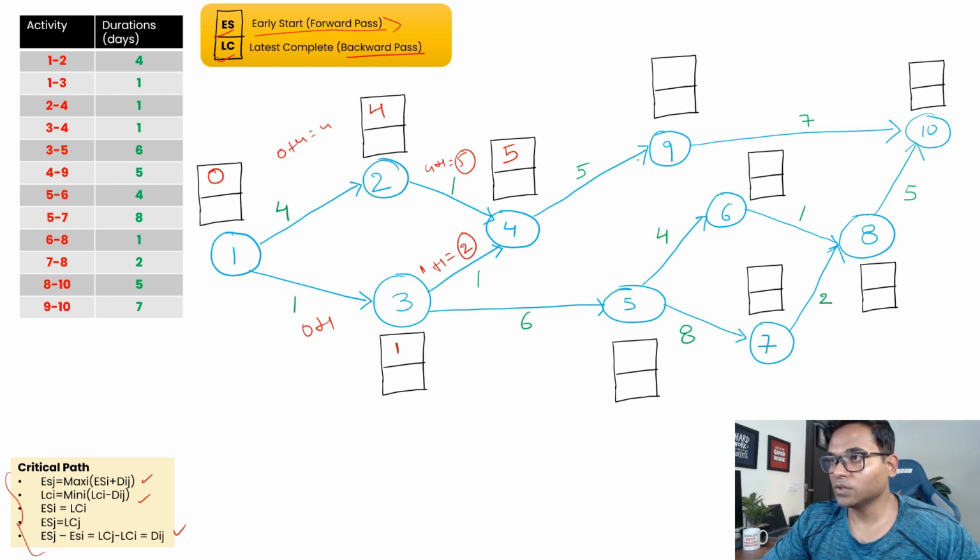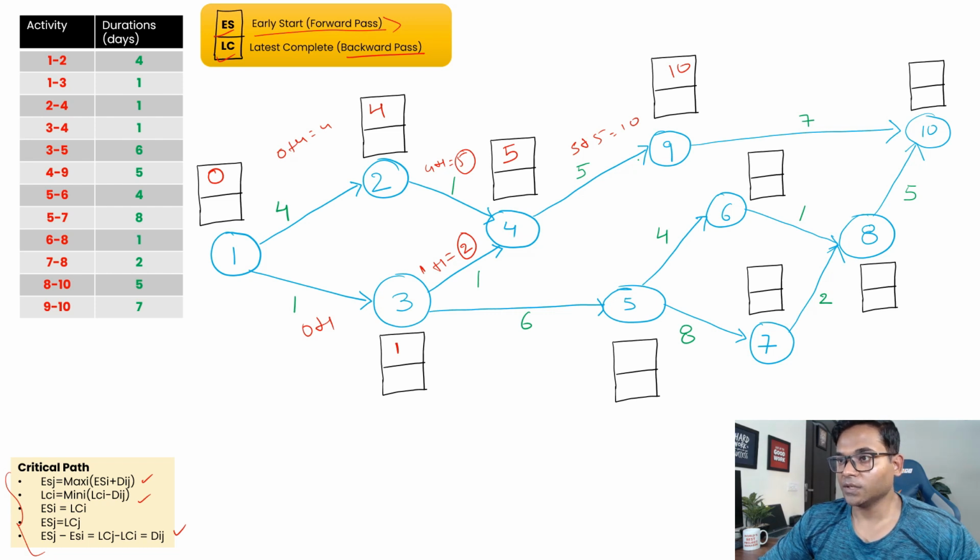Now coming to node 9, remember we have already calculated the 5, and now if we try to calculate the early start plus duration, 5 plus 5 is the duration, which is 10, and since there's no other arrow coming in, we just keep it as 10, right?